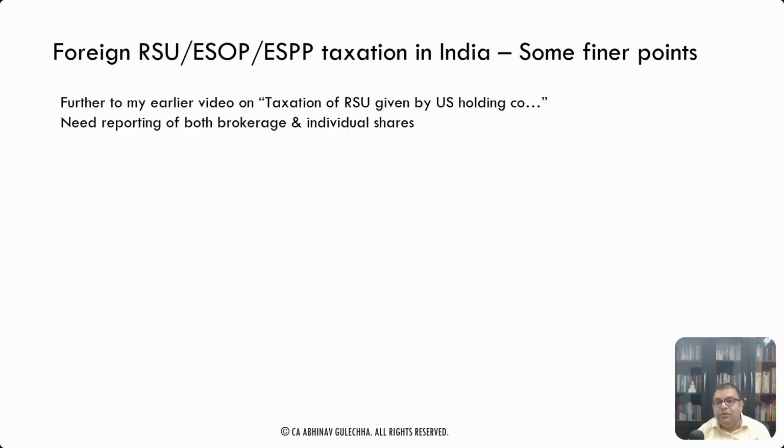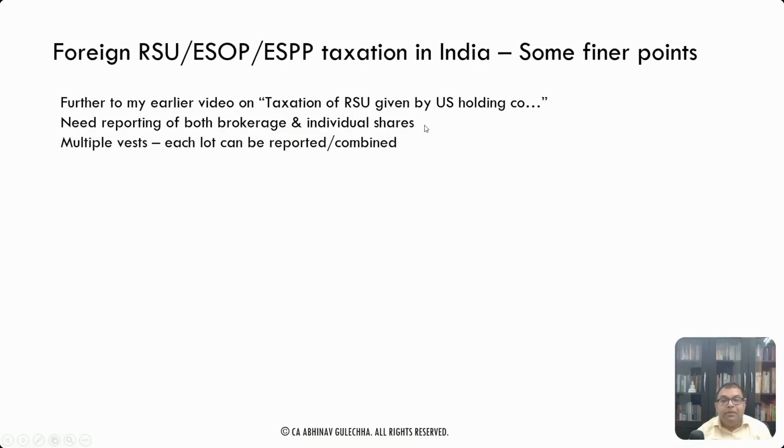So what you need to report is both. You need to report in Schedule FA not only the brokerage account, not only the individual shares, but both the brokerage and the shares. Generally in table A1, you report the brokerage account, and in table A3 you report the individual shares. So you need to report both things. That's the best practice.